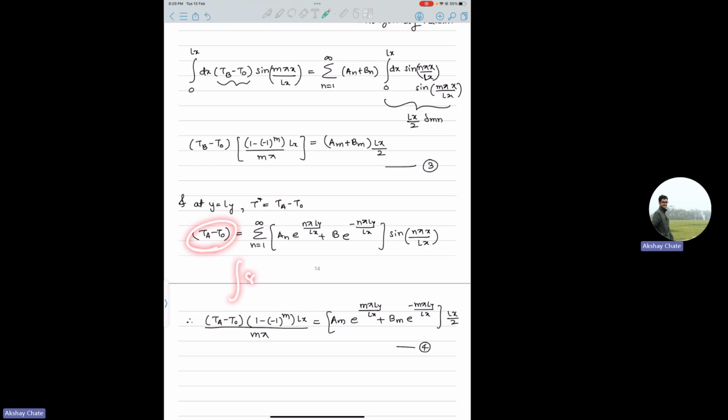So it will be just the integral of sin m pi x by lx dx from 0 to lx, into 1. So that will be cos. I think this term will be 1 in your assignment problem. Then you can find it, because am is equal to minus bm, and this lx will go, this 2 will come somewhere here, and then you can simplify and get your answer. I think that should be okay.